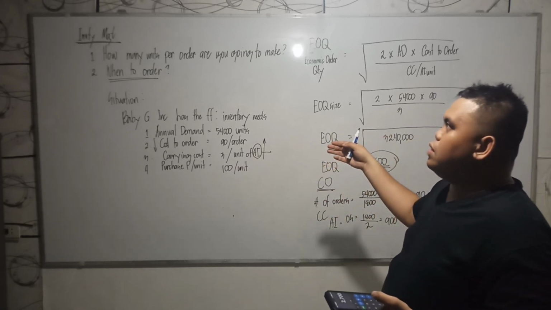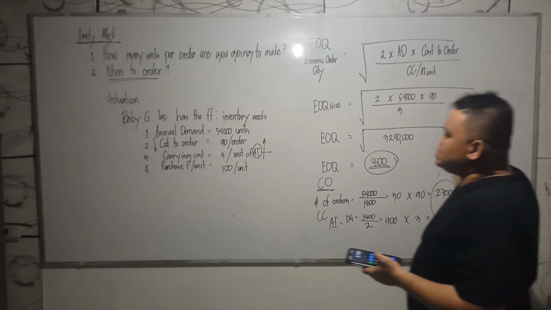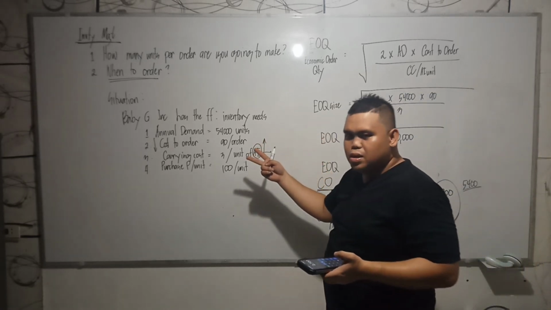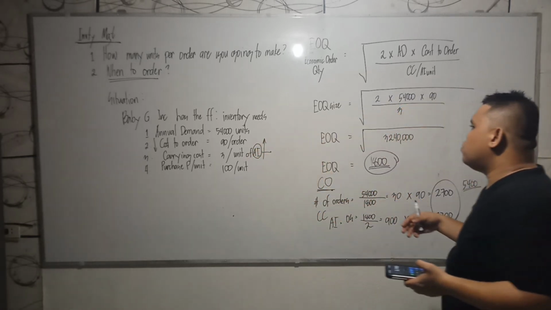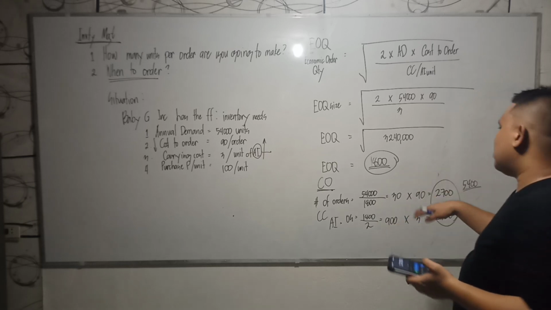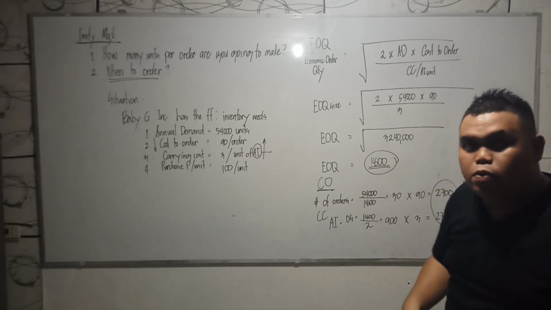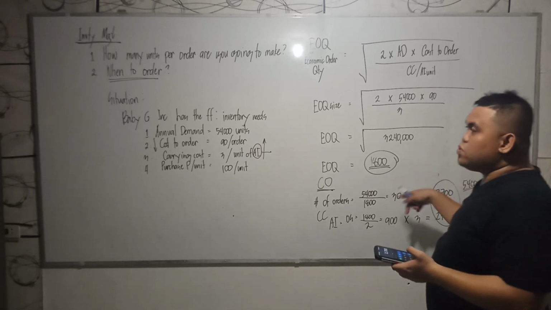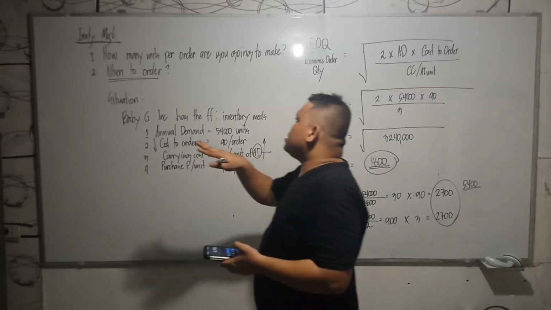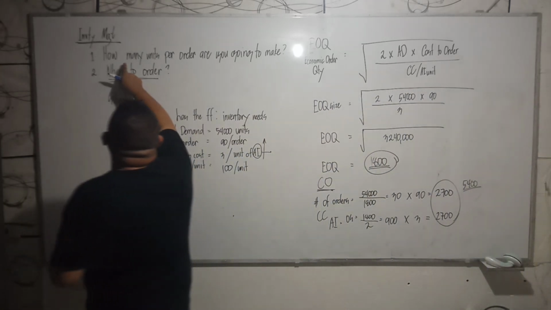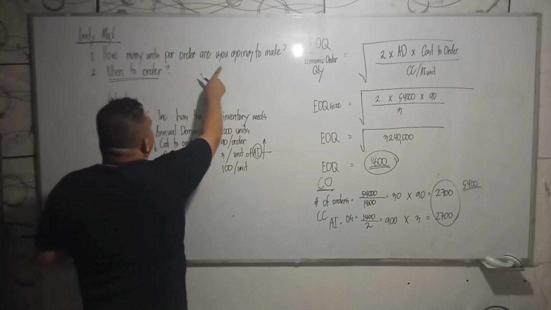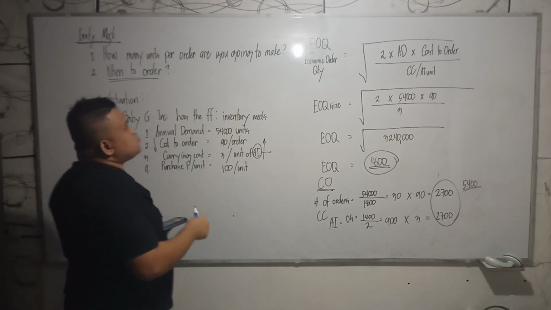We have 40,000 when we decided to order only twice. And when we decided to order 54 times, that's 6,000 plus. So you can rewind the video if you wanted to. So this is EOQ, guys. And that's how you get this. How many units per order are you going to make to your supplier?